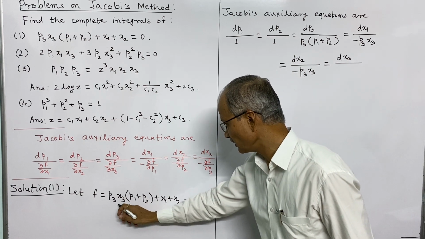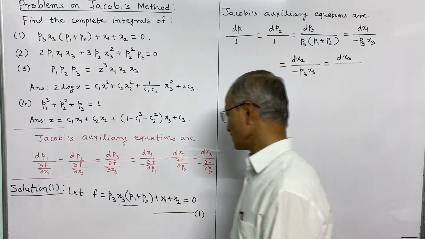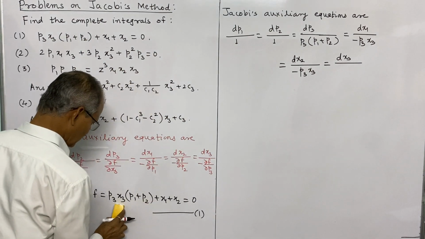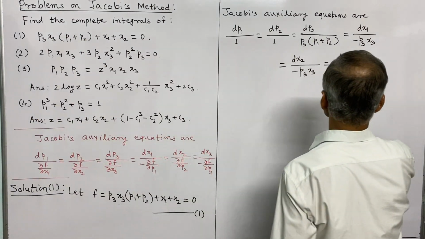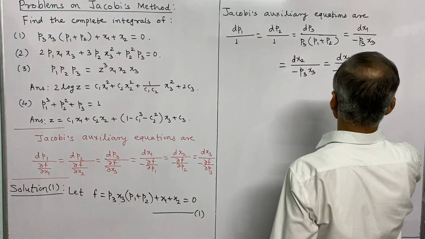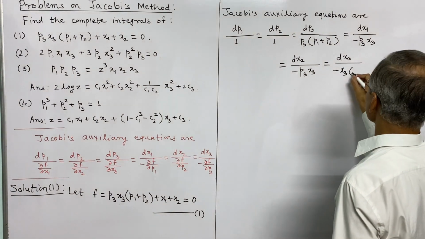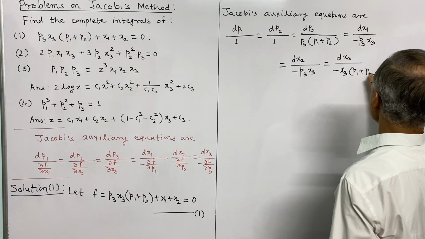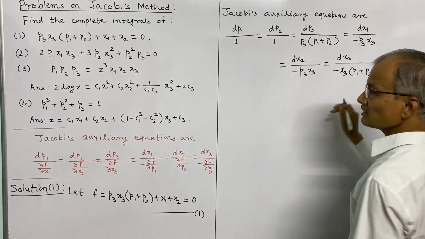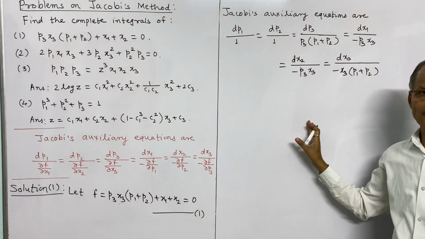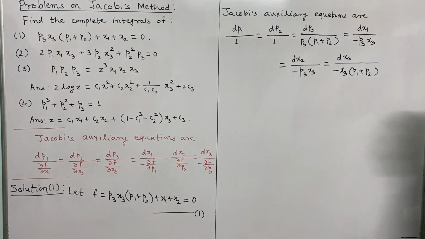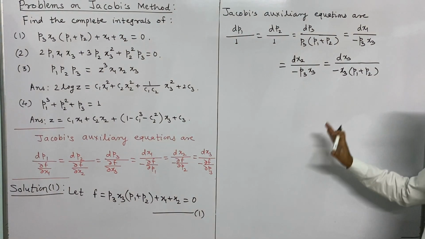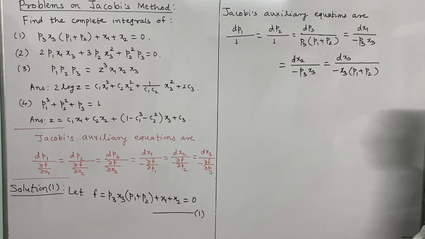With respect to p3 it will be x3 into p1 plus p2. So that is the last with negative sign, x3 p1 plus p2. Now we observe these and we will solve this as earlier in Charpit's method or solving the Lagrange's linear equation. These are the ratios or auxiliary equations.